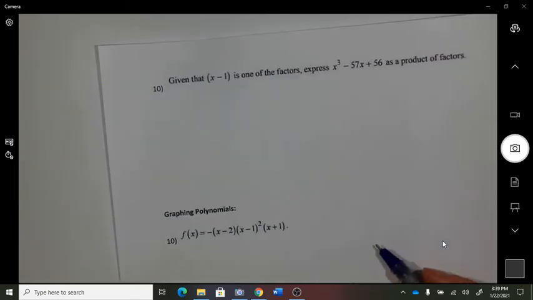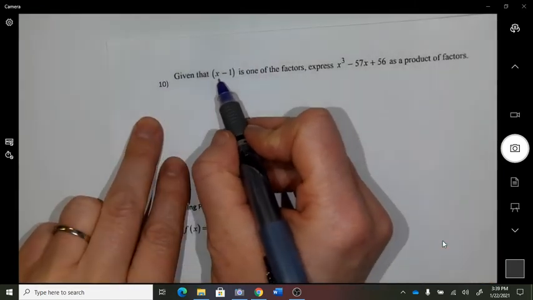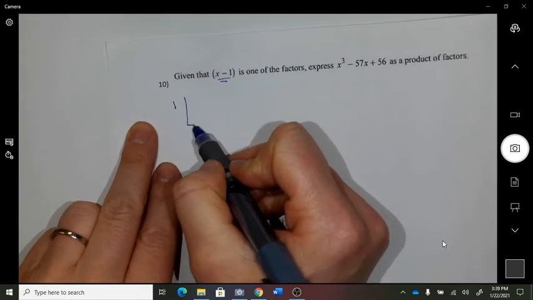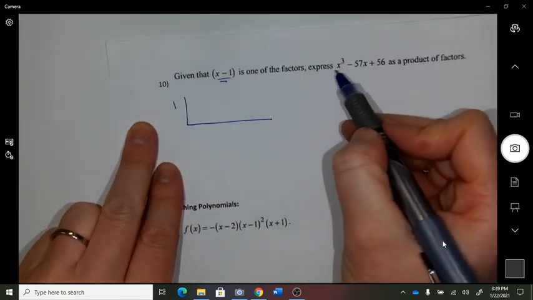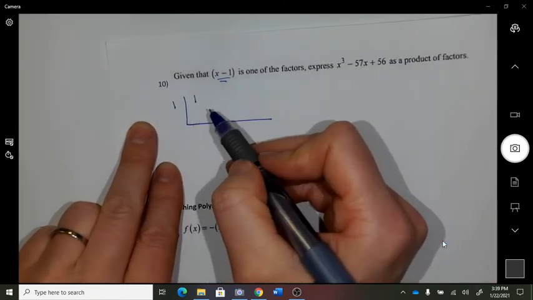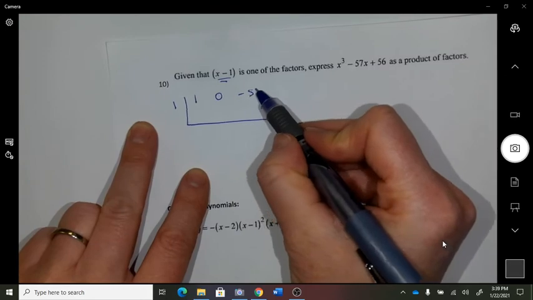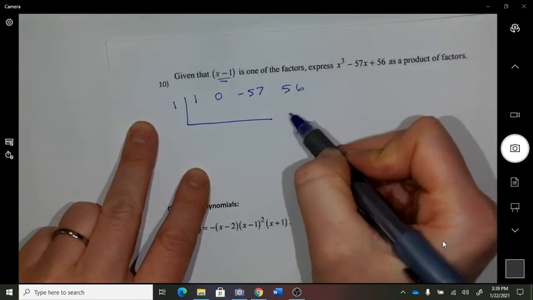Given that x minus 1 is one of the factors, express this as a product of factors. So I'm going to go with synthetic division. If this is, then I put a 1 in the front. Coefficients in a decreasing degree. So 1 for the cube, 0 for a squared, -57, and then 56.